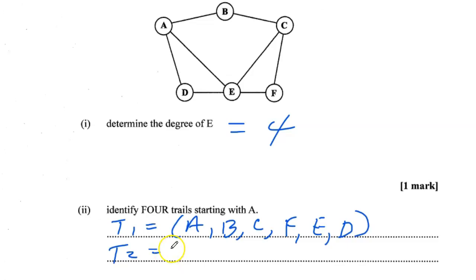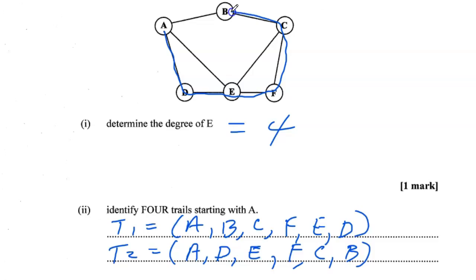A, we can go to D this time, then to E, then to F, to C, and then to B. Again, we have covered all the vertices without having to cover an edge twice.